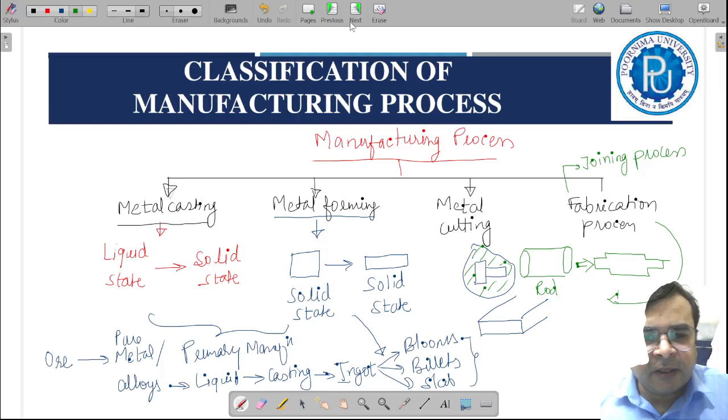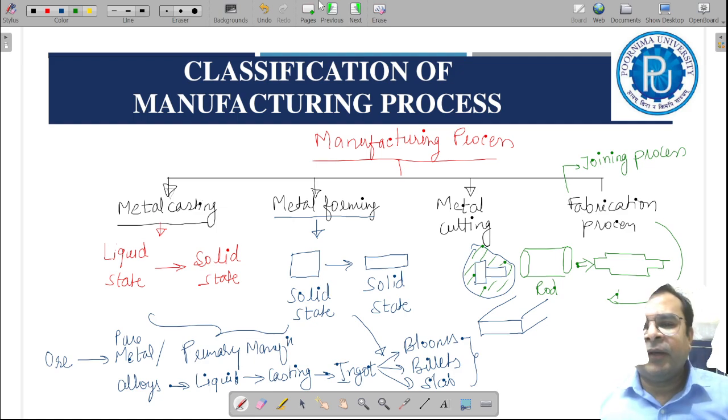And out of this manufacturing process, we have several modern, we can say smart, manufacturing processes, like additive manufacturing, laser cutting, unconventional cutting, and unconventional welding processes. So nowadays we have several modern manufacturing processes, but the whole world mainly depends upon these four basic manufacturing processes, which are very old.